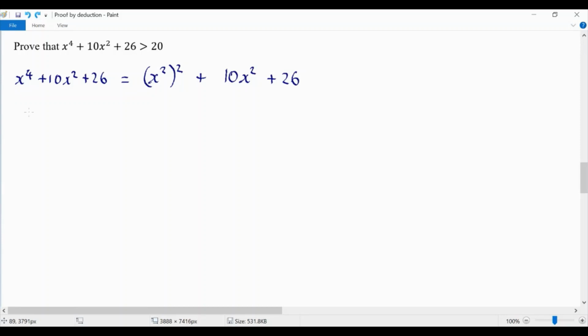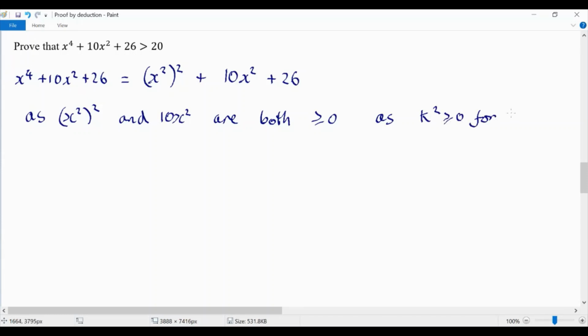So therefore, as x squared squared and 10x squared are both greater or equal to 0, as k squared is greater or equal to 0 for any k that's a real number, therefore x squared squared plus 10x squared is greater or equal to 0.